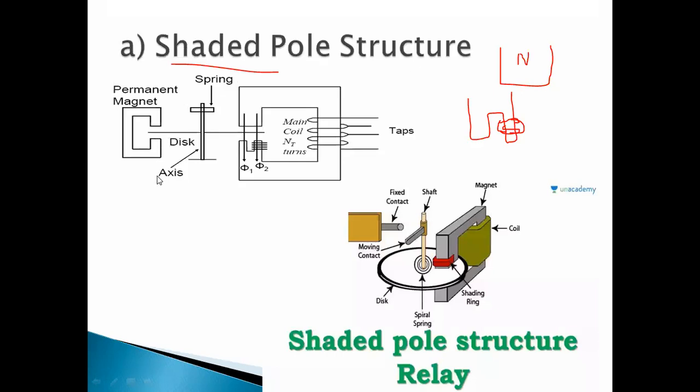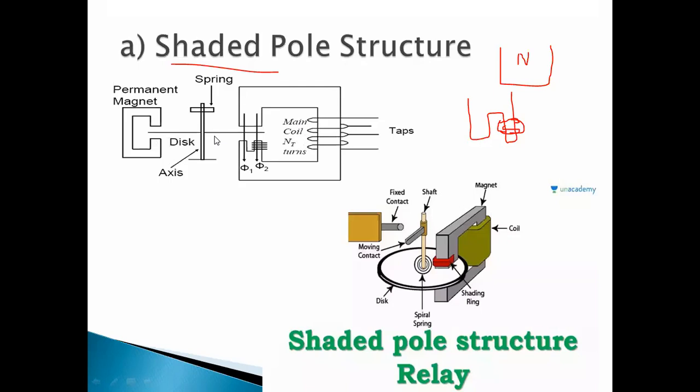The shaded pole structure. Here you can see one is the permanent magnet, and these are the maintenance or the operating coils. Spring is there. Then this is the disc, because this is the induction disc type of relay.